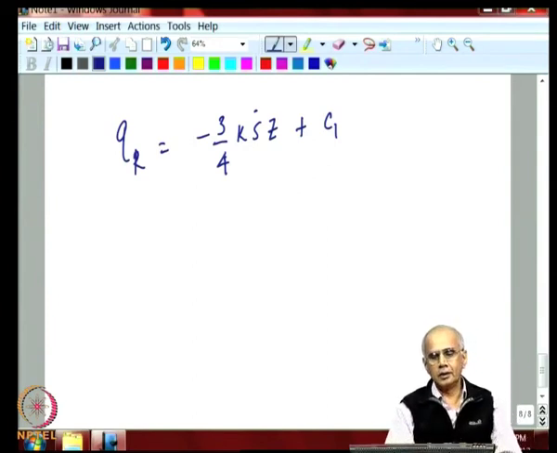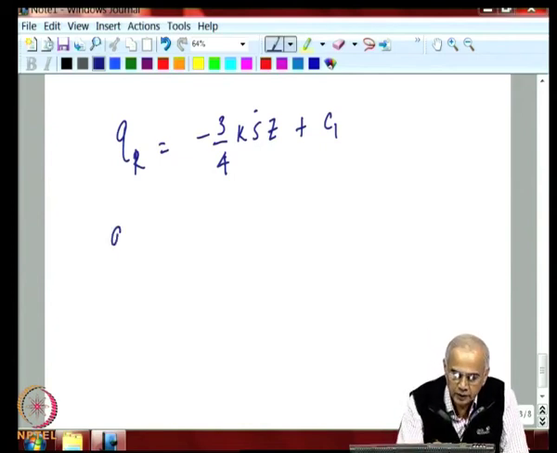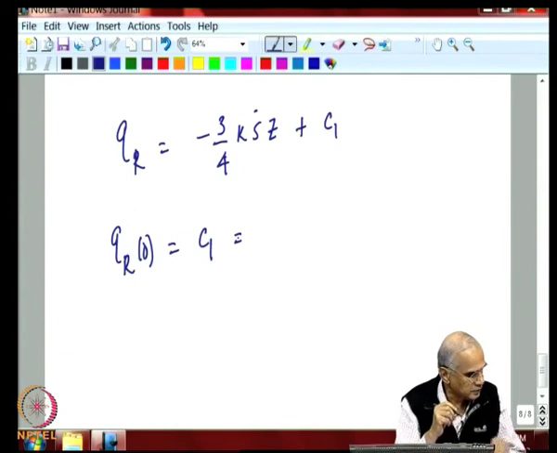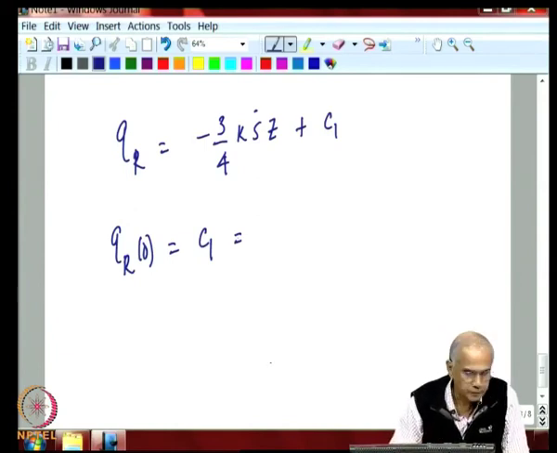So, in this case, because of the internal heat generation, heat flux is not a constant, it is varying linearly with Z. So, it is not so easy to compare the previous result, but for example, suppose you take QR at Z equals 0, which could be a simple example, that is equal to C1, and that we have readily available. So, let us put that down for comparison, and let us take also black walls for the time being.